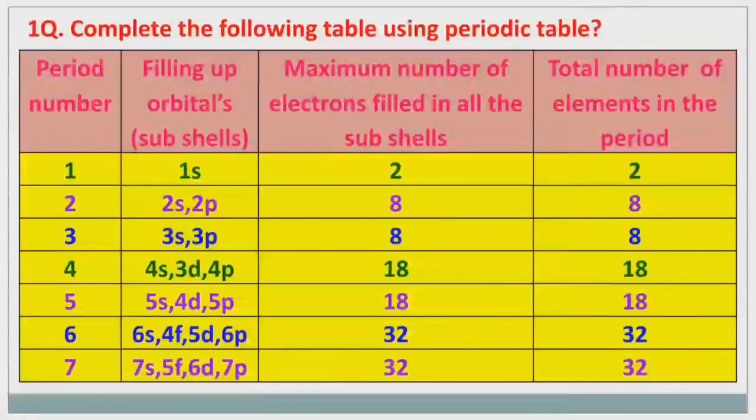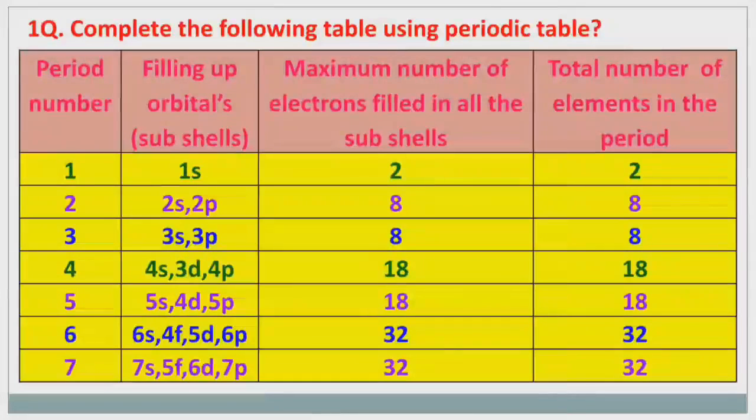In the fourth period 4s, 3d and 4p orbitals are filled up: 2 electrons in 4s, 10 in 3d and 6 in 4p. Total 18, so 18 elements are there in the fourth period.